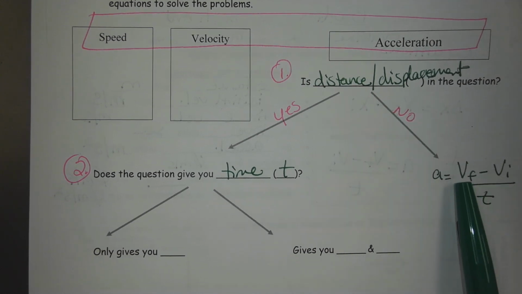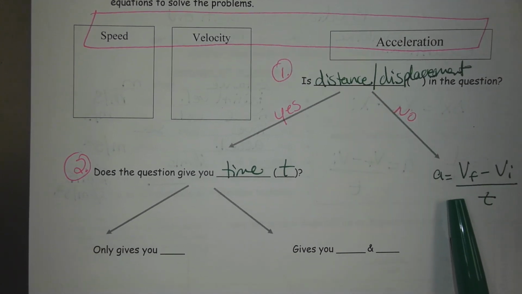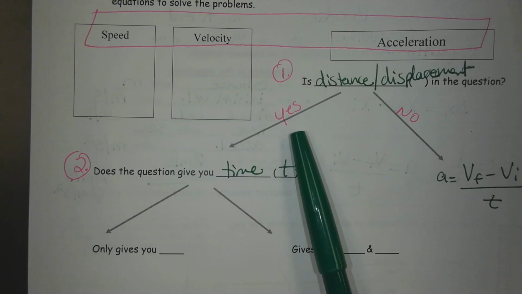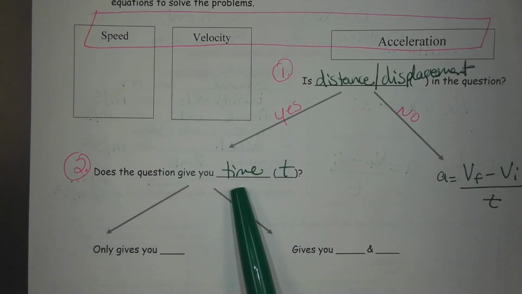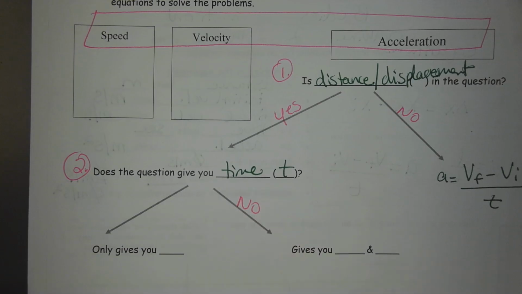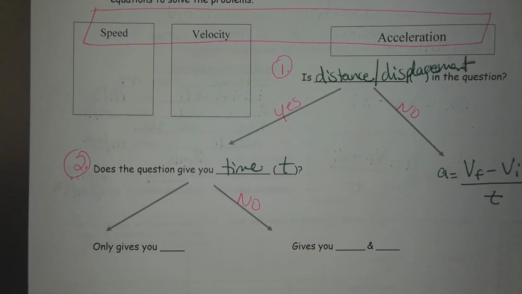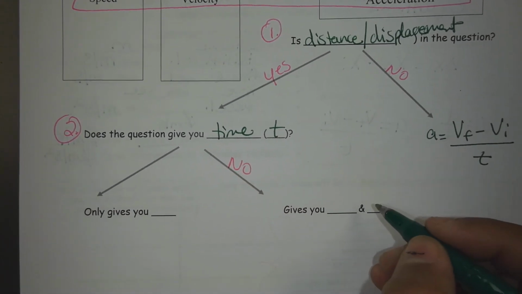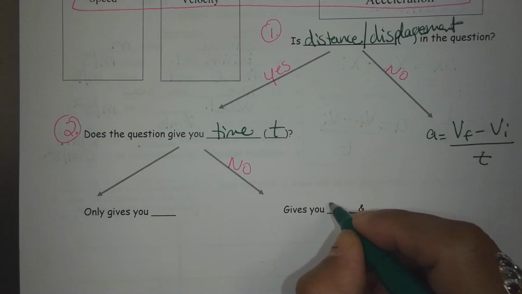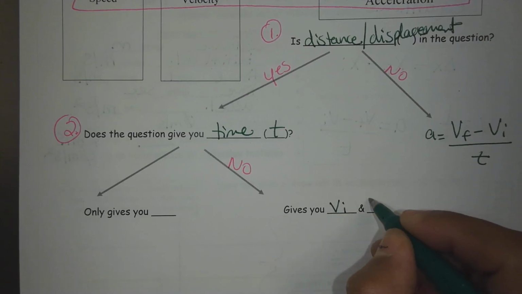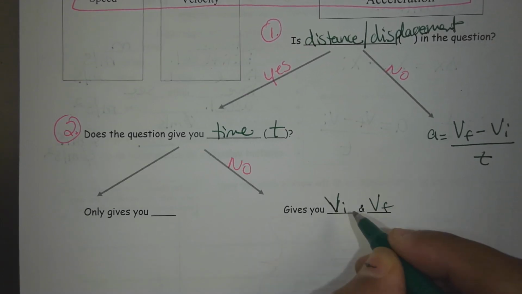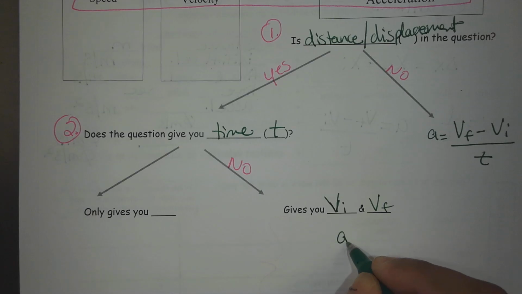No. That is my equation. I'm done. Yes. Ask yourself the second question. Was t ever used? If you say no, time was never given or talked about, well then in that situation, they gave you the VI and they gave you the VF, and you are going to use this equation.